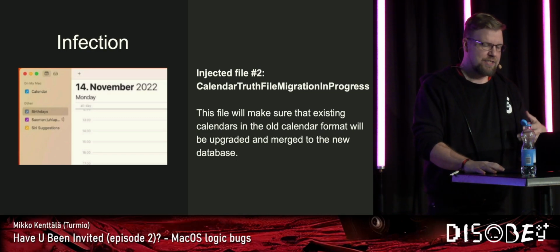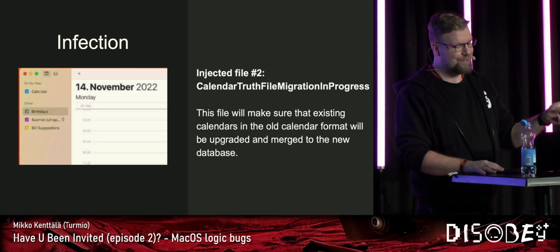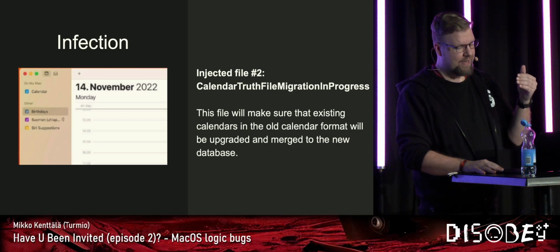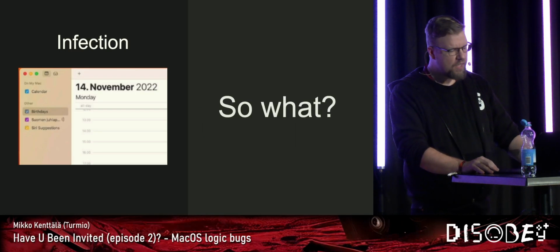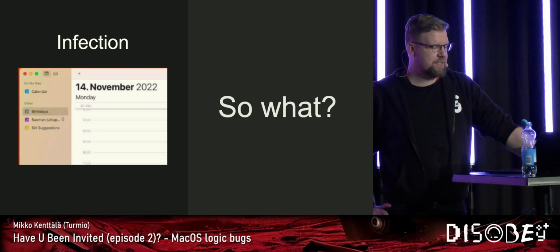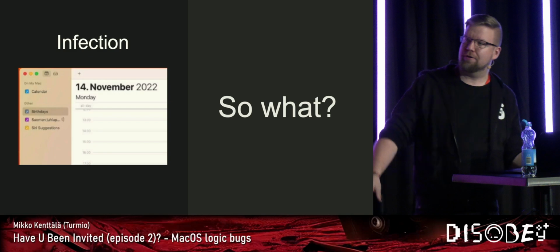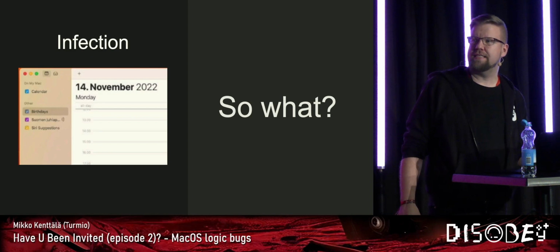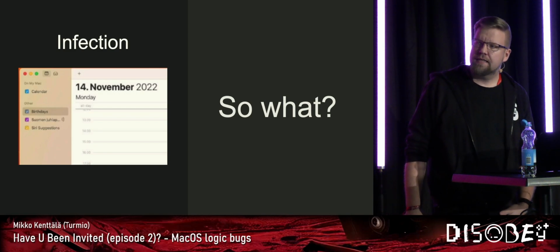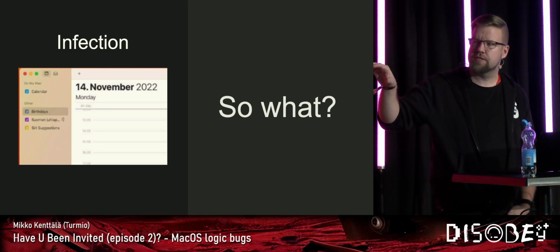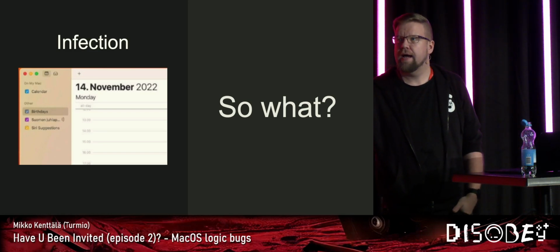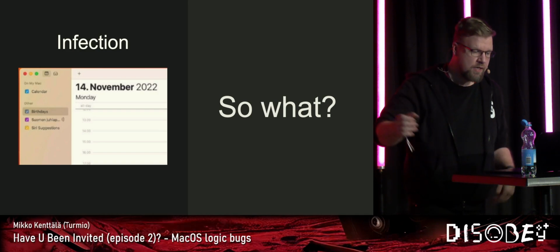So now I was able to get the calendar automatically added to your application. But so what? Now there's a new calendar which can be seen on the left bottom. It's basically overriding the existing Siri suggestions calendar, and it looks like this. But so what?